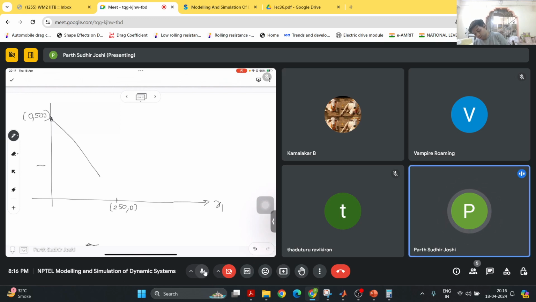Now if we join these two points, this is our constraint 10x1 plus 5x2. It will be less than or equal to on this side. So this is our allowable region. The arrows indicate the allowable region.